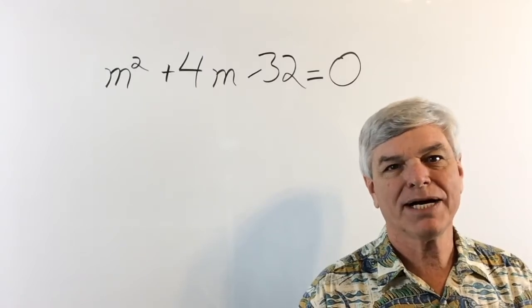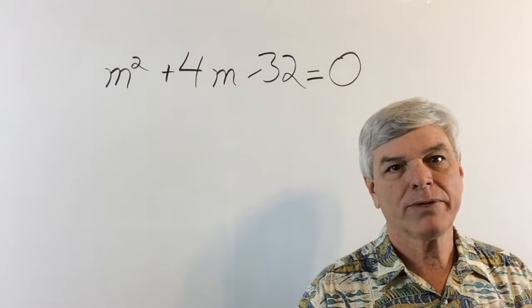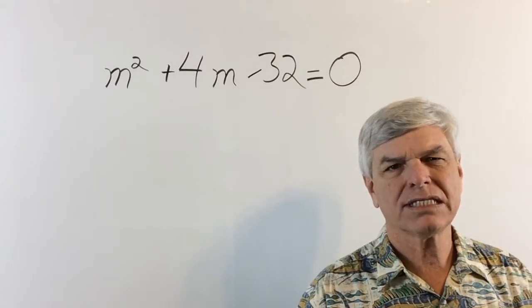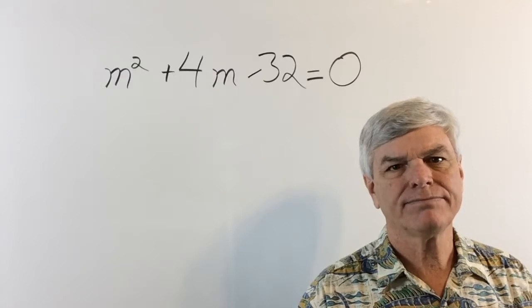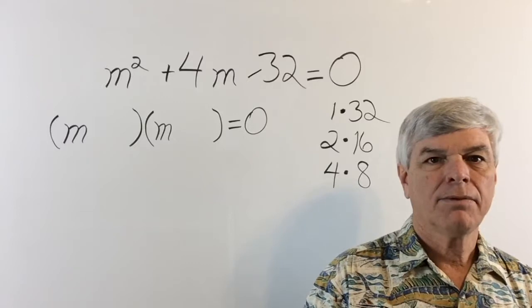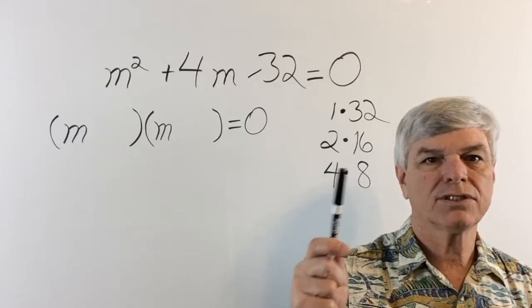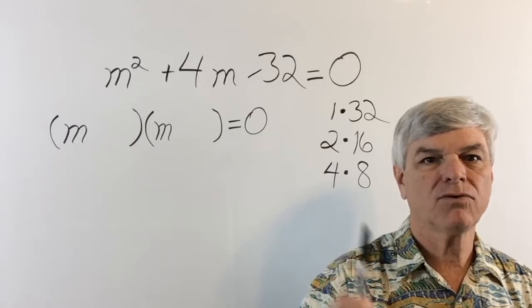Okay, they were giving us the binomials before, and now we have to produce the binomials, but we know how that works. 32, ooh, that's kind of a tricky number. Now hopefully that doesn't look too messy, but I took my 32 apart, and I've got 1 times 32, 2 times 16, 4 times 8.